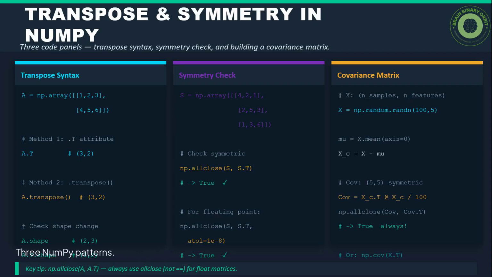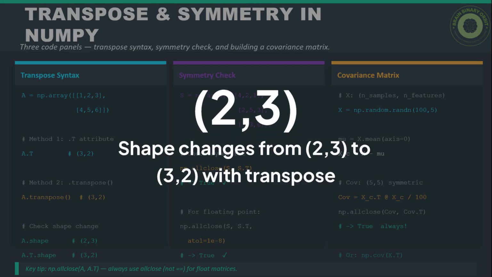Three NumPy patterns. Transpose: A.T is the attribute, use this, it is cleanest. A.transpose() also works. Check the shape changes from 2,3 to 3,2.